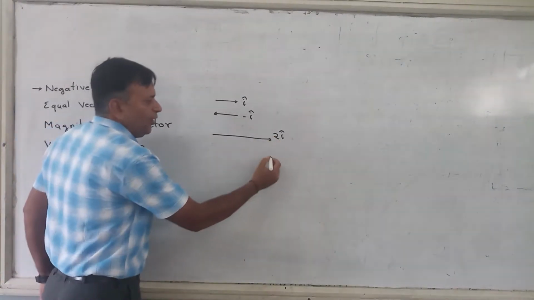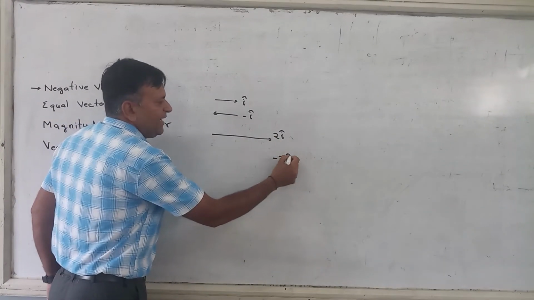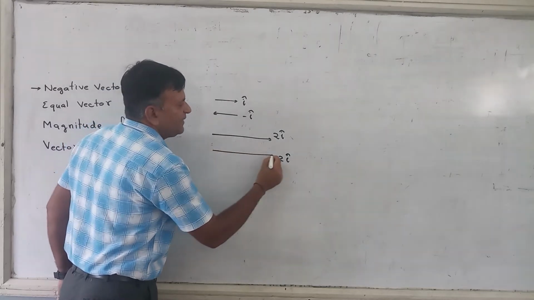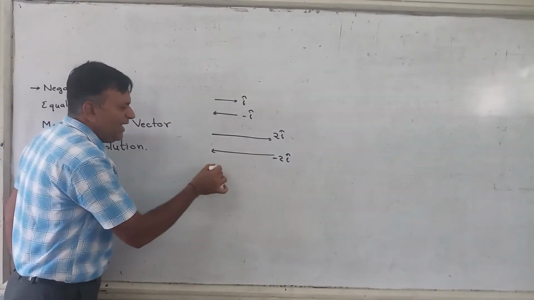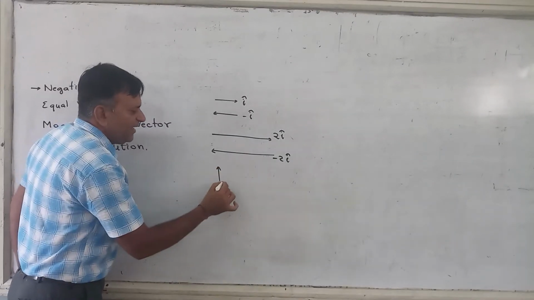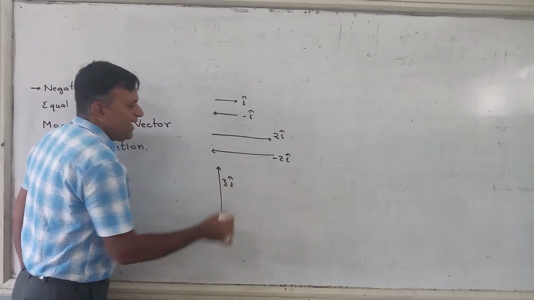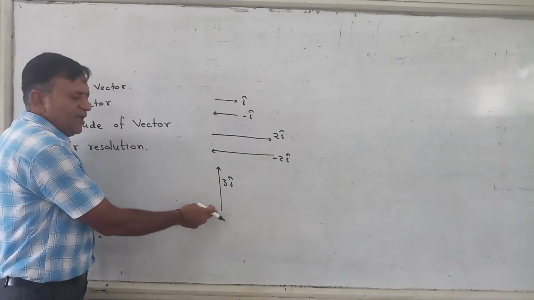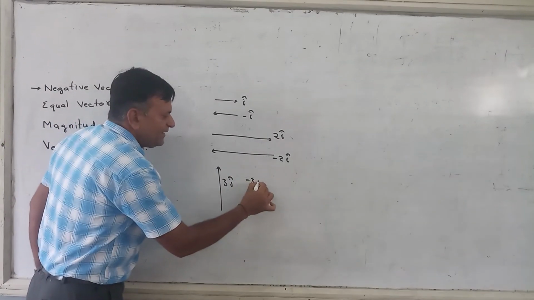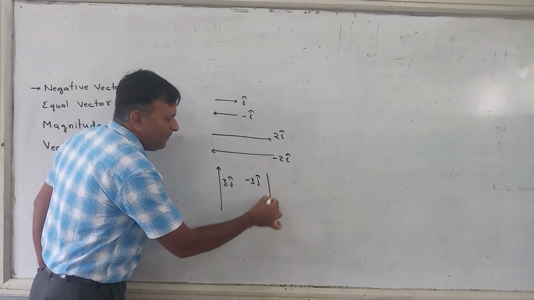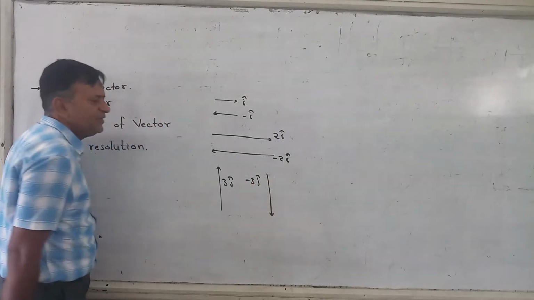And now if I want to draw minus 2 I cap, it will be of the same length, reversed direction. Similarly, if this is a vector 3 j cap, meaning direction is positive y-axis, then minus 3 j cap will be just the opposite like this.